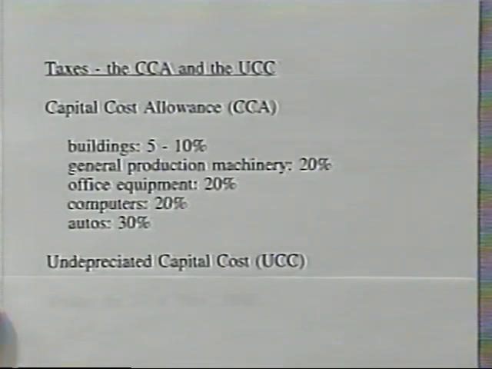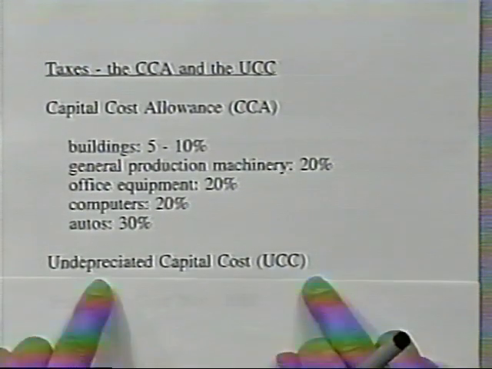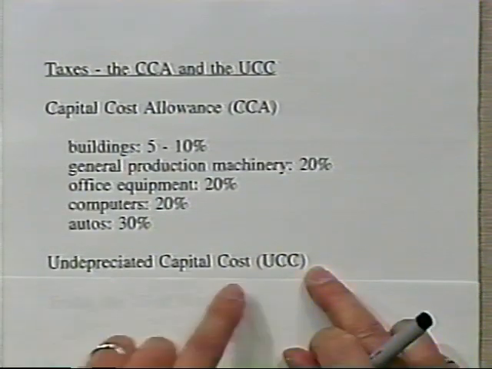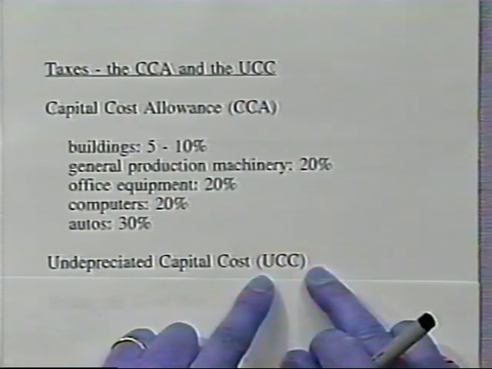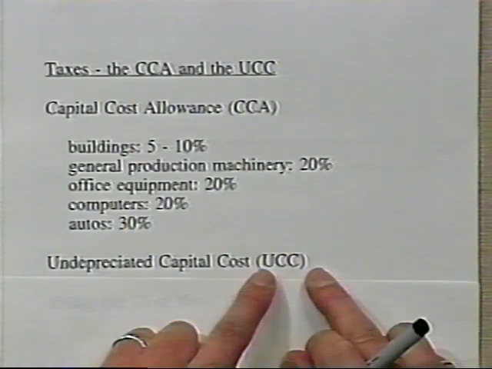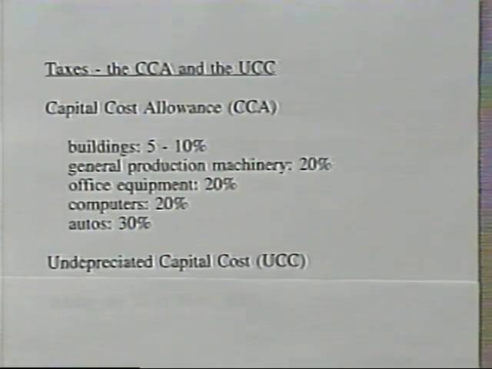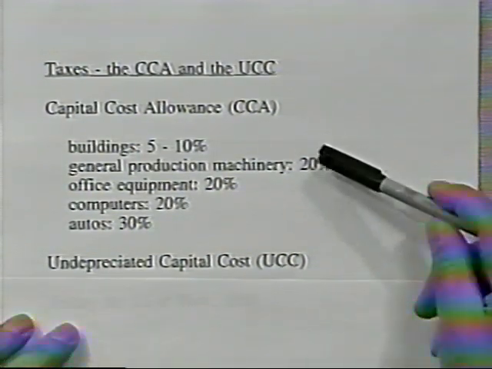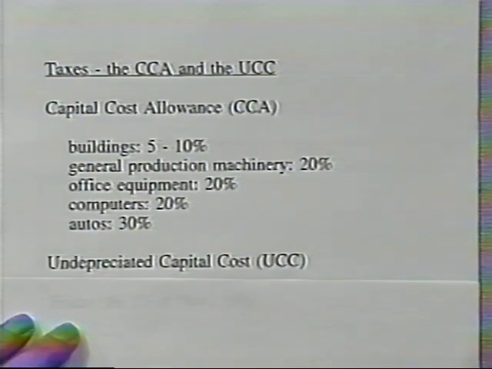So the assets that are similar in capital cost allowance are what's called pooled together into one account, an account being just keeping track of the numbers. This account is called the undepreciated capital cost account. So the undepreciated capital cost, if you like, is another name for book value. It keeps track of the pooled book values of the assets that share a common capital cost allowance.